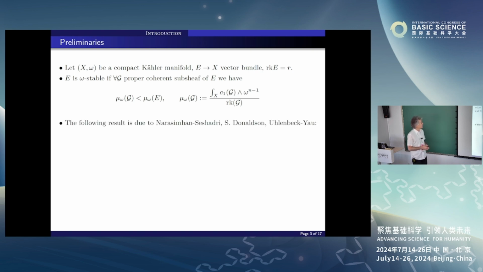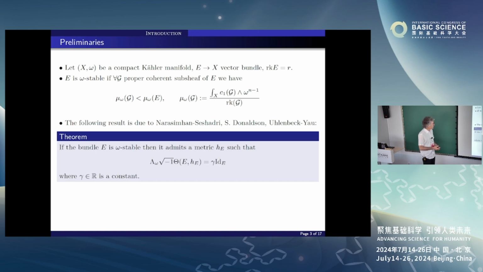Now, as they say, one always has to start with a very classical result, and the very classical one would be this one. The following theorem: if the bundle is stable, then it admits a very, very interesting metric, namely one for which this Hermite-Einstein equation is satisfied.